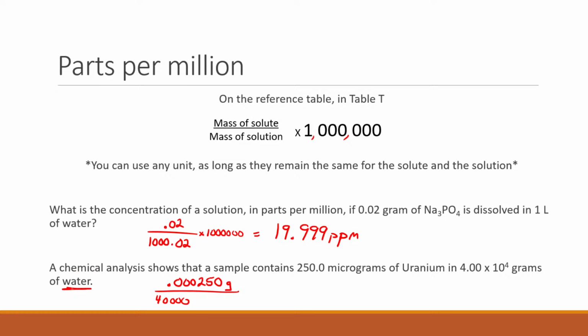And again, they say of water, not of solution, so we have to add this 0.000250 to our denominator. Times a million. It gives us 0.000625 parts per million. Right, it's always part over whole times a million.